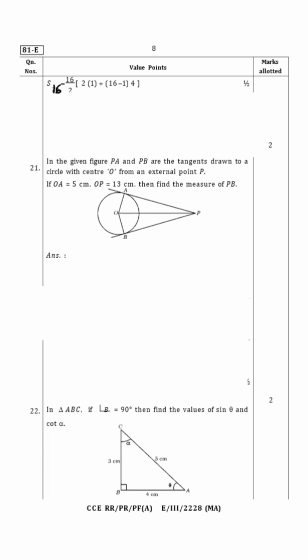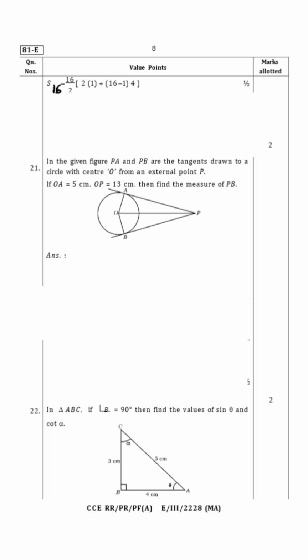Now let us substitute the values in the formula. Sn is equal to n by 2 into 2a plus n minus 1 into d. Here n is 16, so S16 is equal to 16 by 2 into 2 into 1 plus 16 minus 1, into the common difference, which is 4. In the next step you have to solve.